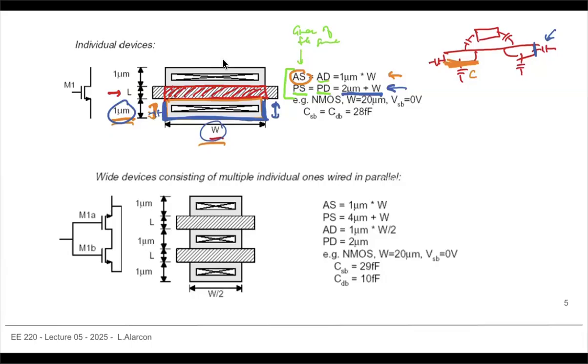If you write out your SPICE model, you'll see that to have a realistic transistor, we always have to specify the area of the source and the area of the drain. Also, make sure the perimeter does not include the side next to the gate, because we don't calculate this capacitance; that's going to be part of the channel.